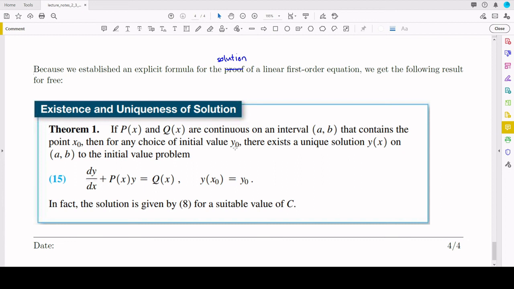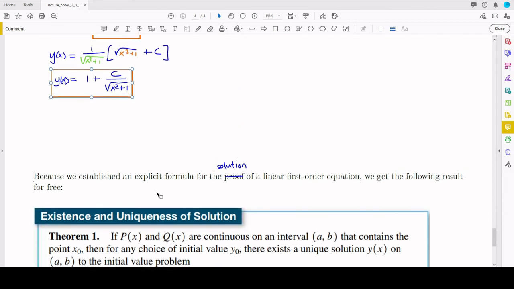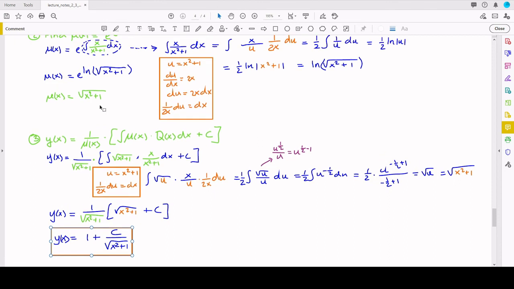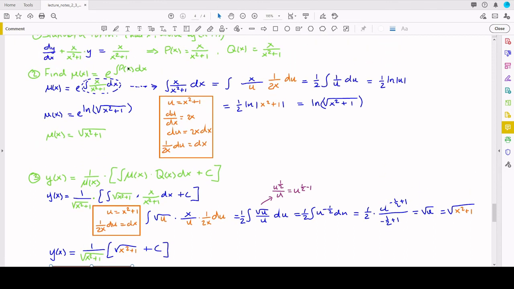And this solution is given by formula 8 for a suitable value of c. So that's this formula that we have over here. y of x is equal to this. And then, of course, mu of x is e to the power integral of p of x dx.